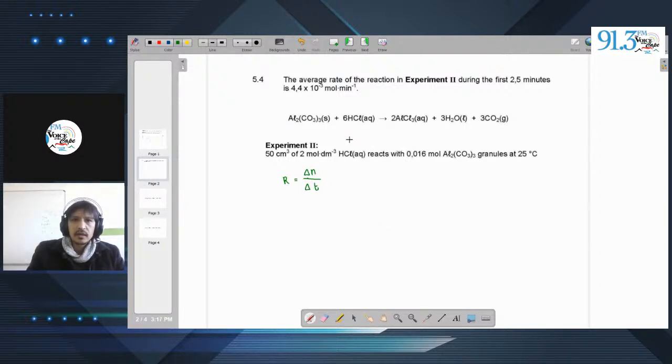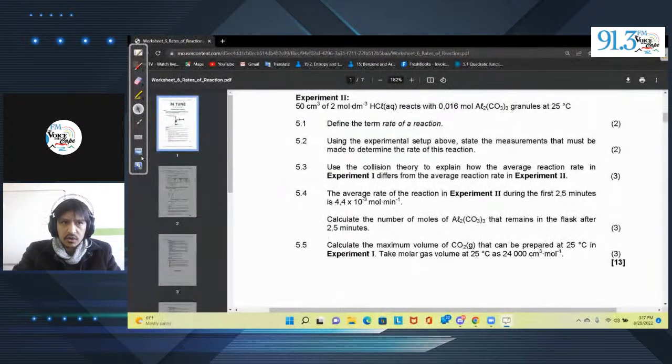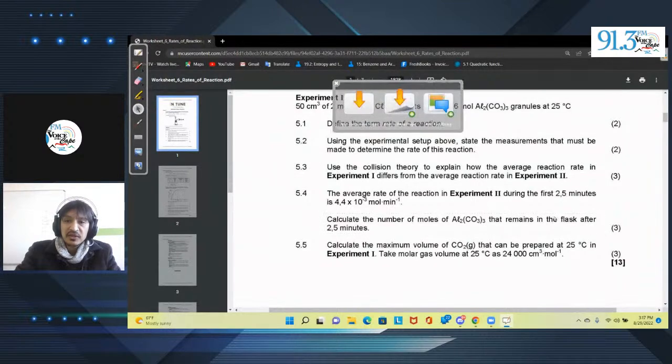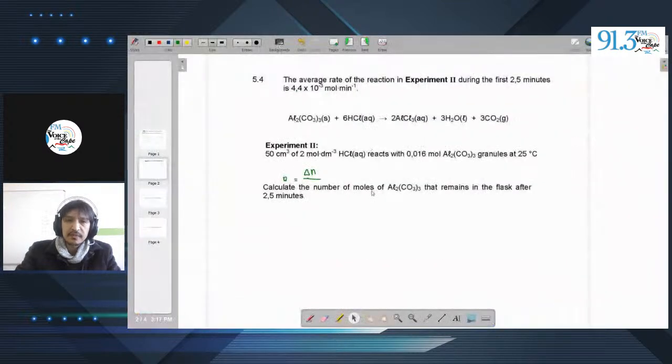Okay. What was this question now? Let's just double check. Calculate the number of moles of aluminium carbonate that remains in the flask after 2.5 minutes. Okay, so we want to know what remains in the flask.